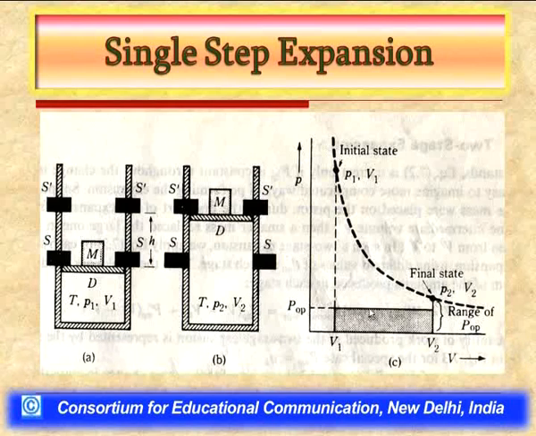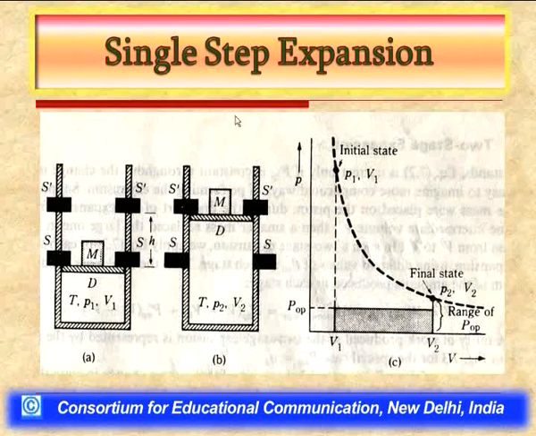Now, we can draw a horizontal line over here, and beneath this line, from the range of volume V1, the initial state of the system, to the final state of the system shown by this point, we can shade the area. The shaded area represents the work which gets produced in the surroundings during this expansion process.